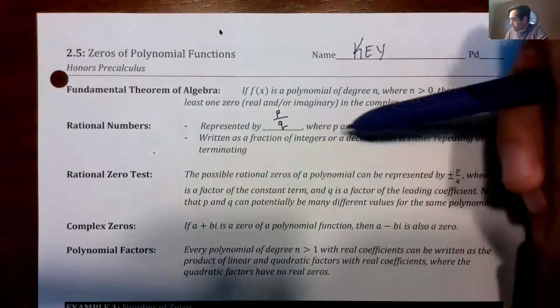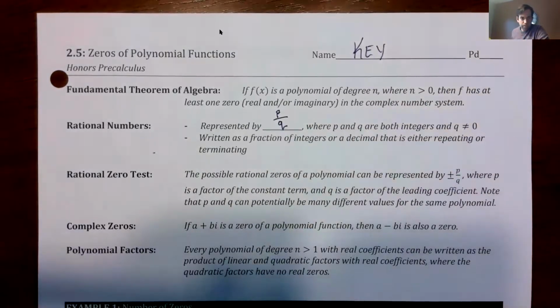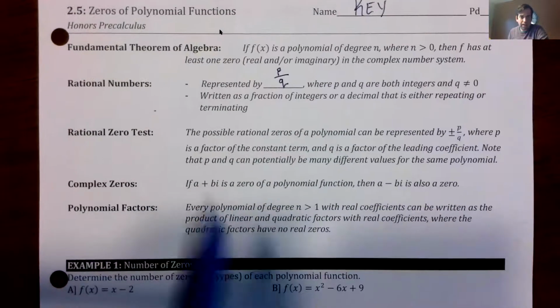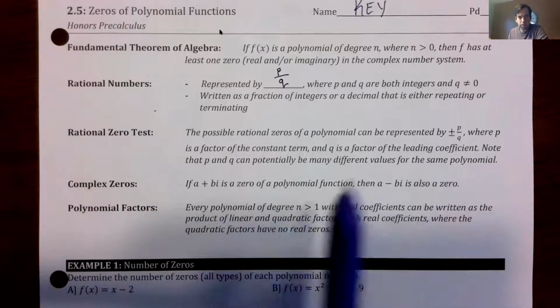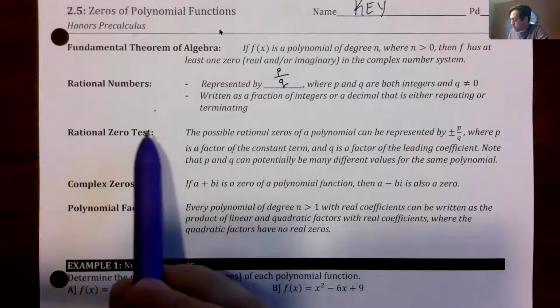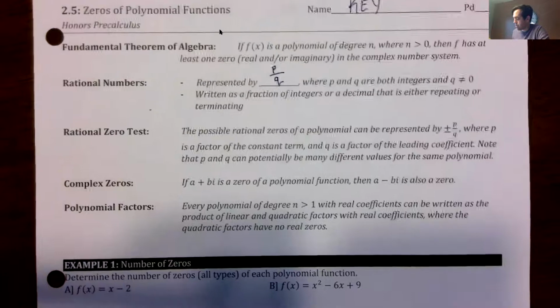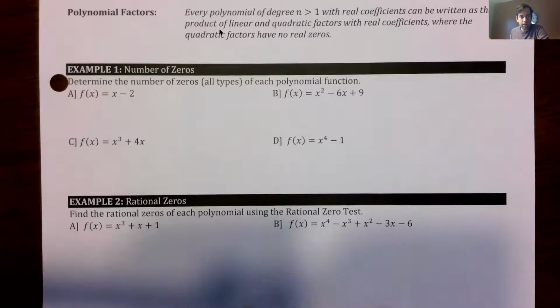This can be written as a fraction of integers or as a decimal that is either repeating or terminating. Terminating meaning that it stops. Rational zero test. The possible rational zeros of a polynomial can be represented by plus or minus p over q, etc. All right, so we're going to actually come back to the rest of these definitions after we take a look at example 1. So let's take a look down here.